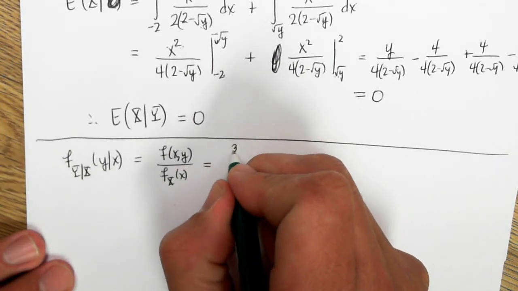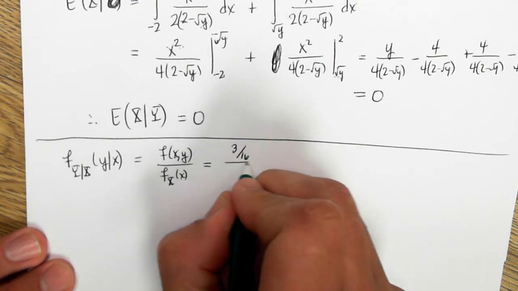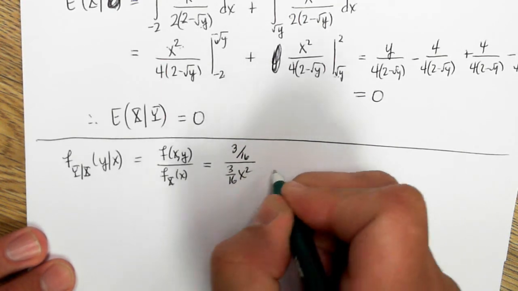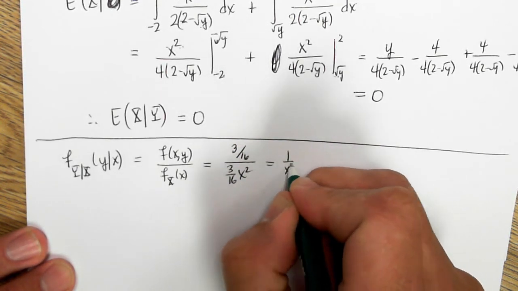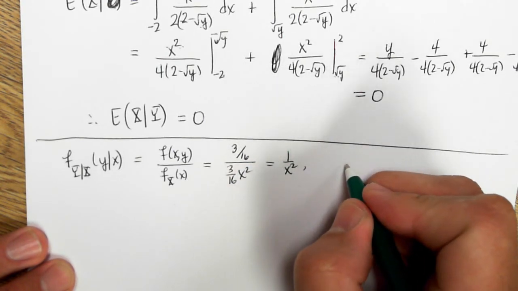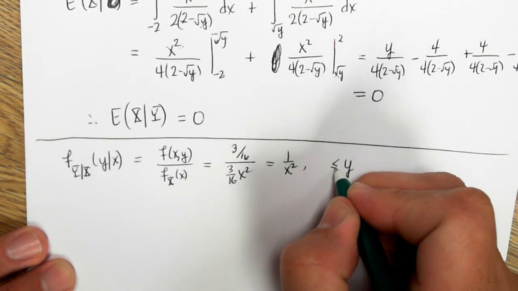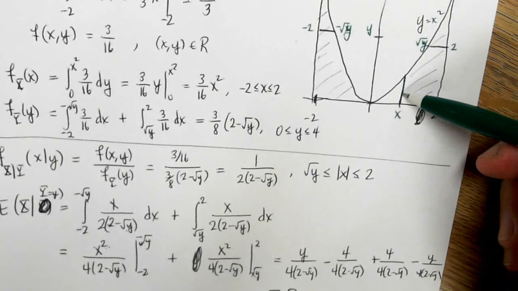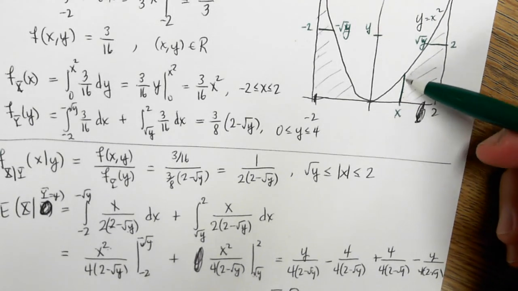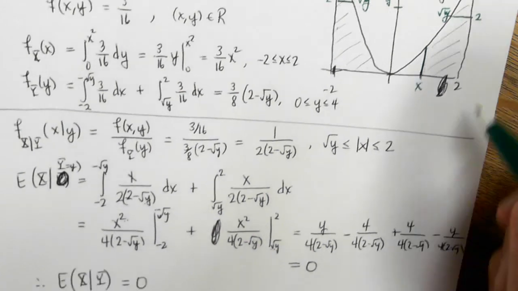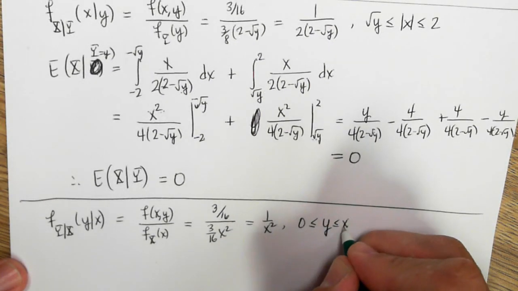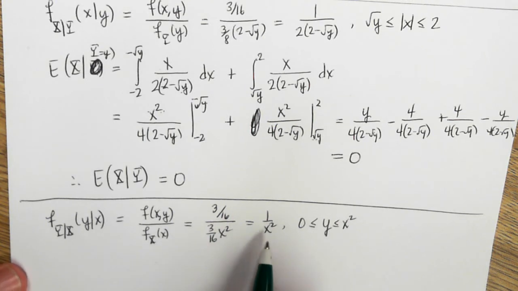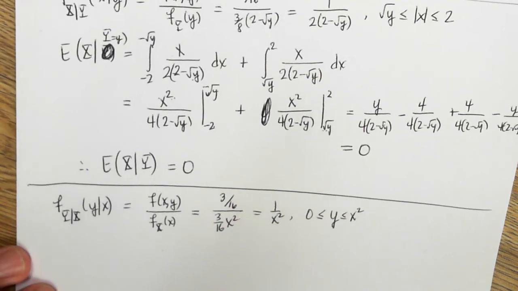So we get 3/16 divided by 3/16 x squared, and that is equal to 1 over x squared. Now we remember that this is a function of y. If I take a look back at the picture, the value of x is fixed, and the value of y goes from here to here. So the values of y go between 0 and x squared.